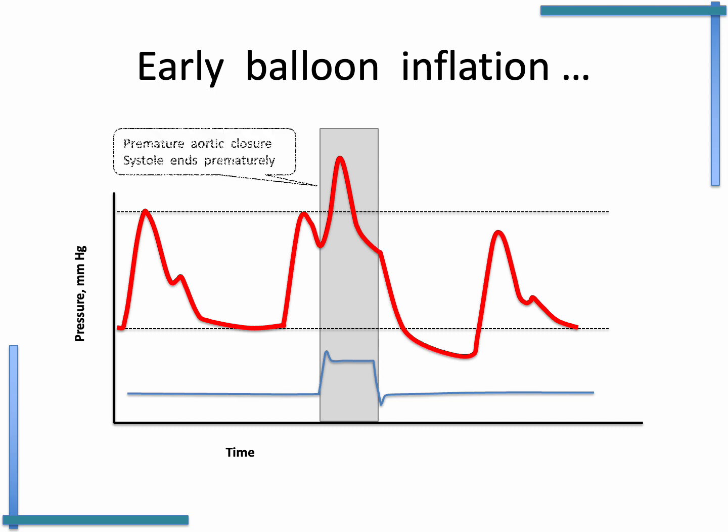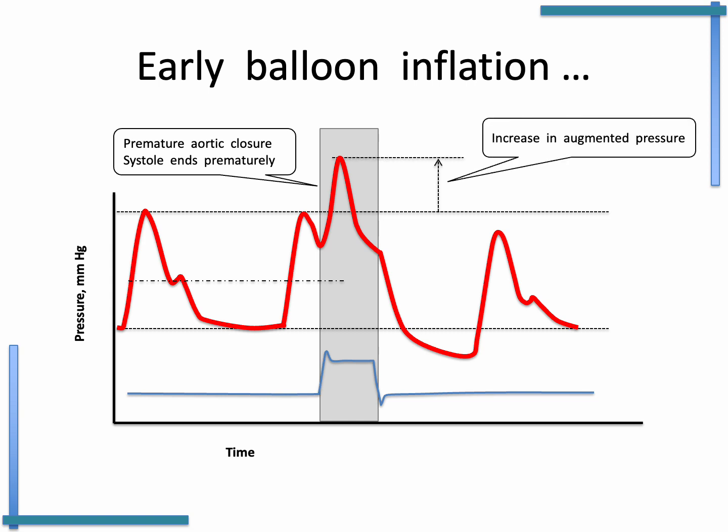And we can see here that the point at which this balloon is inflating is way too soon in terms of this preceding trace here where we can see the dicrotic notch. So this balloon is inflating now while the ventricle is still ejecting. And we actually see an increase in the augmented pressure compared to what it would be if the balloon had inflated at the right time, or at the dicrotic notch.